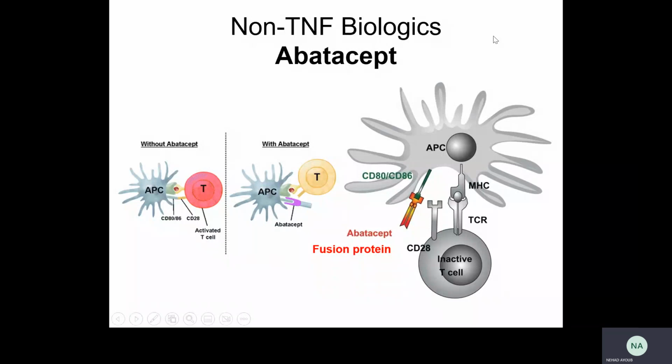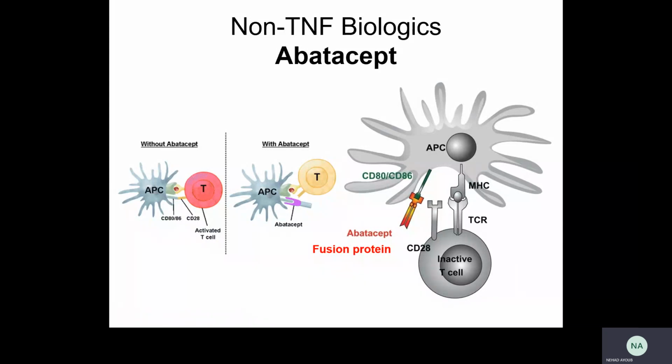A drug like abatacept is basically, it will bind to the CD80, 86, a glycoprotein on antigen-presenting cells. And by binding to it, it will block or stop the interaction between antigen-presenting cells and CD28. In other words, if we give abatacept, the T cell cannot be activated and then cannot proliferate, cannot attack the tissue.